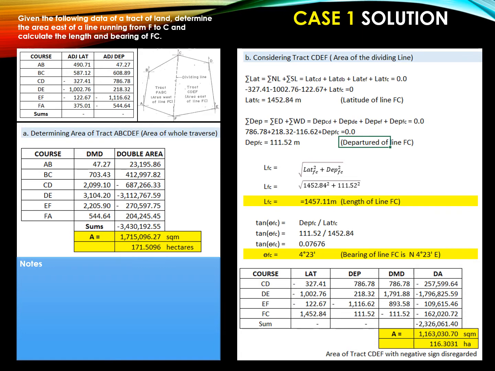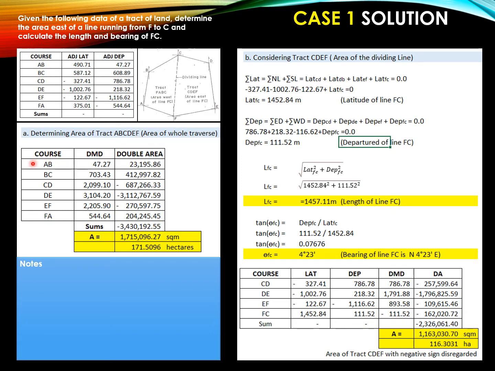So next, to determine the area of the lot CFED, we need to know first the area of the whole traverse. This is a closed traverse, as we can see, AB, BC, and so on up to FA, and we can see it also here in the figure. So determine the area of the tract A, B, C, D, E, F, or the whole traverse.